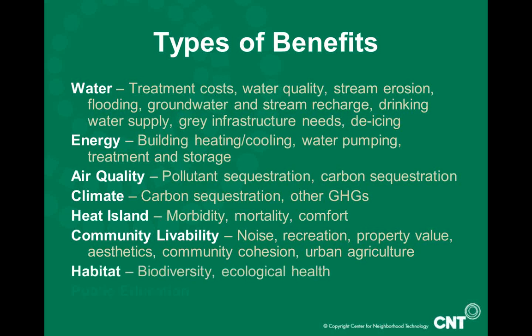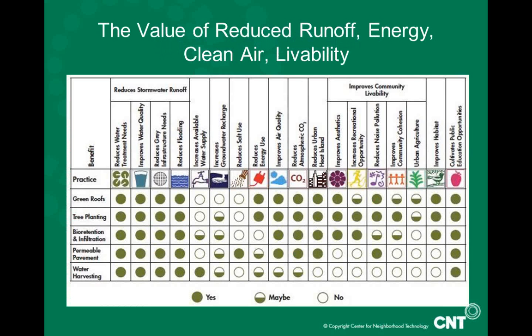In many places, we want to have increased biodiversity and ecological health, so that's a benefit for sure to having more vegetative systems. And because these things are more visible to our community above ground, they're going to provide a public education tool that the conventional water, stormwater, and wastewater piping underground doesn't really provide because it's out of sight and out of mind.